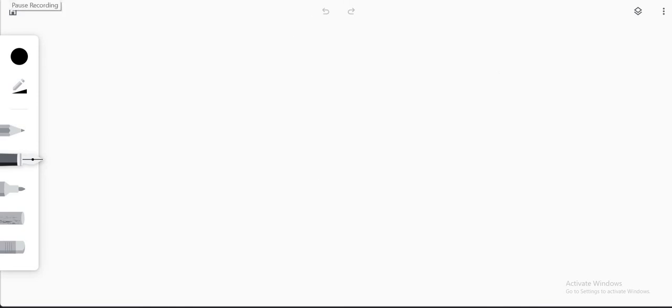Based on the results obtained for strong electrolyte and weak electrolyte, Kohlrausch gave a law called Kohlrausch law of independent migration of ions.